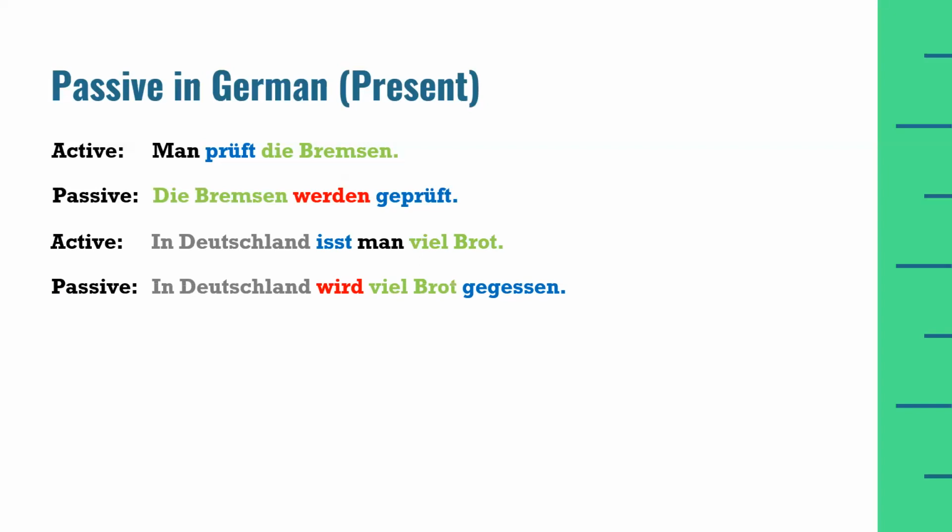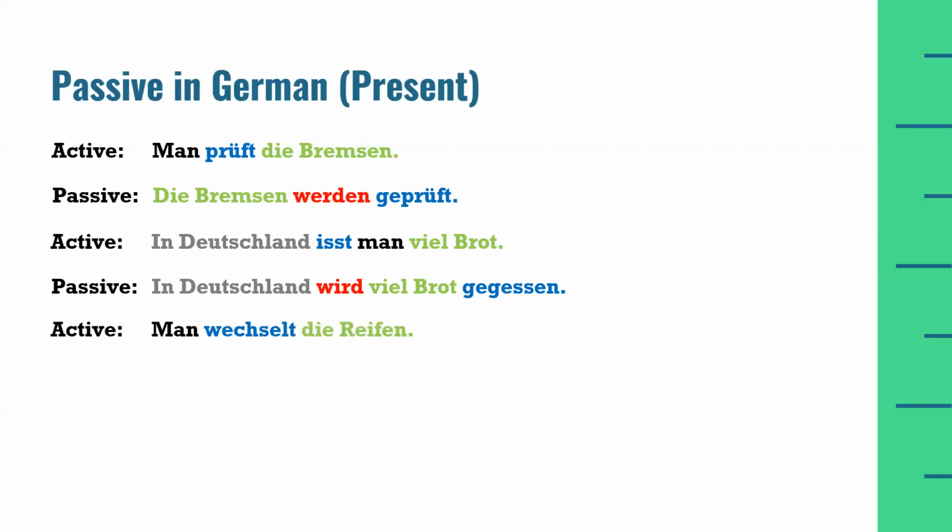So in Deutschland remains in Deutschland, then comes wird and viel Brot gegessen. In Deutschland wird viel Brot gegessen. Wird comes at the second position, then comes viel Brot, and gegessen is the participle zwei form of essen.